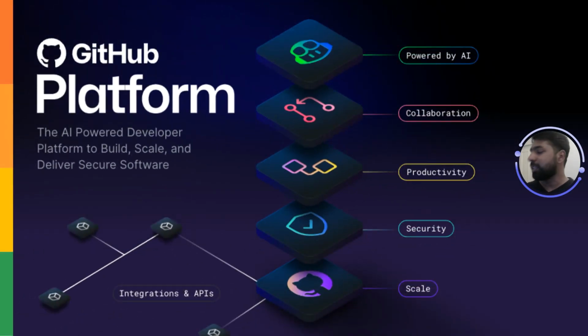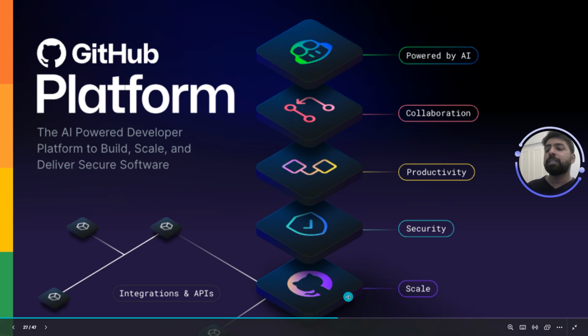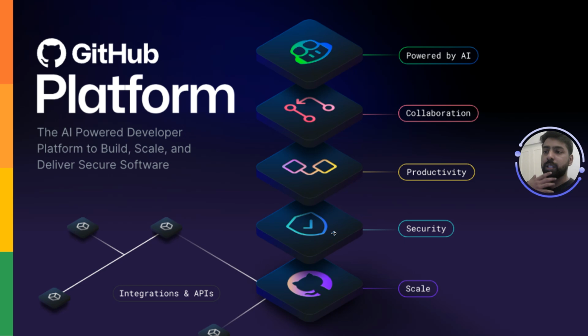Before that, I just want to touch upon what exactly the GitHub platform offers. For example, you can start scaling up your platform with GitHub, and it does provide security. All the code is secured by GitHub, which is also backed by Microsoft, which follows a standard process of securing your personal files and everything.